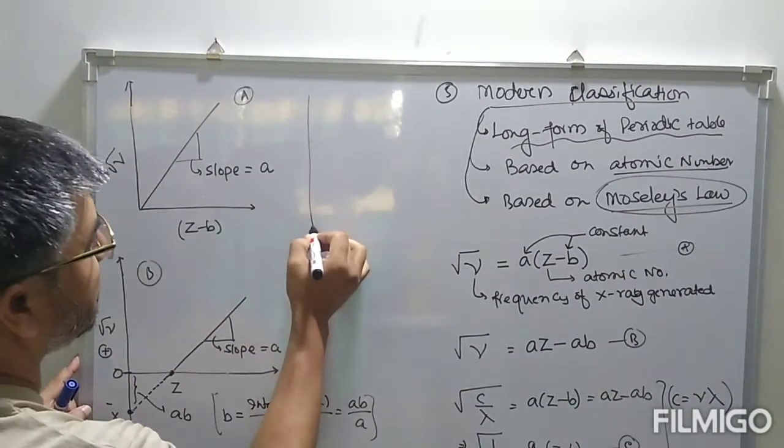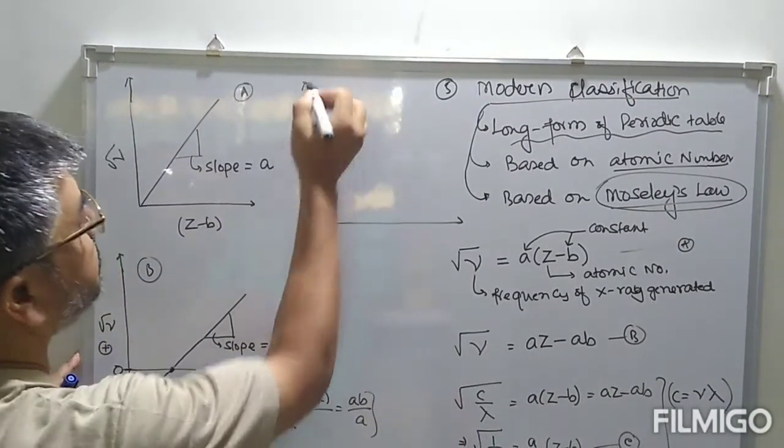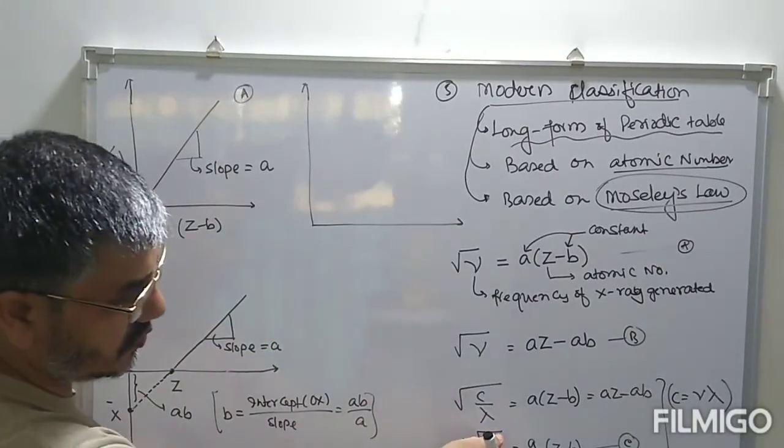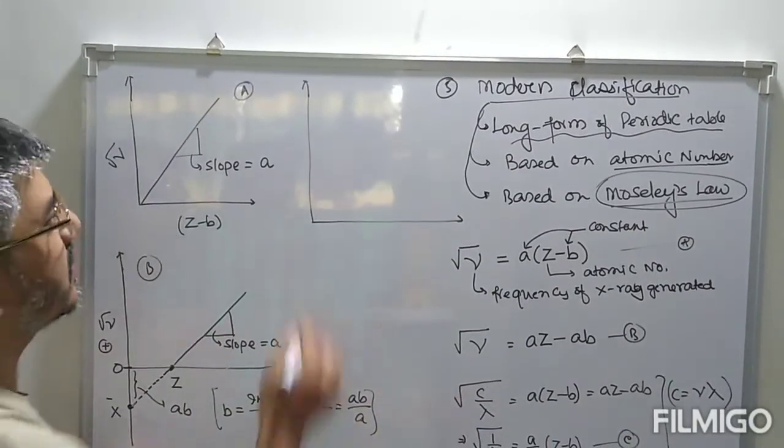Now look at this equation C. Equation C is wavelength versus atomic number.